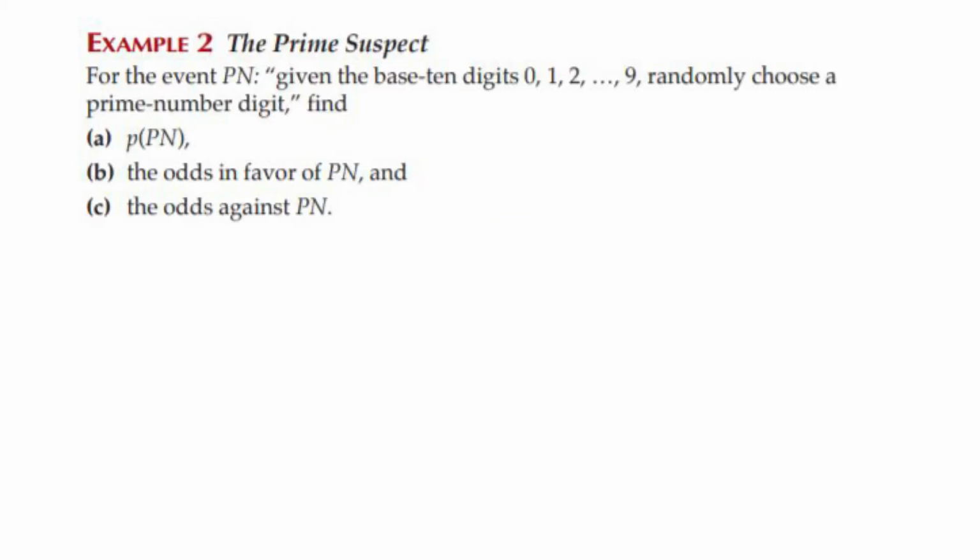Okay, so looking at this next example, for the event P, given the base 10 digits 0, 1, 2, all the way up to 9, randomly choose a prime number digit. Find the probability of choosing the prime number. So the prime numbers from 0 to 9 are 2, 3, 5, and 7.